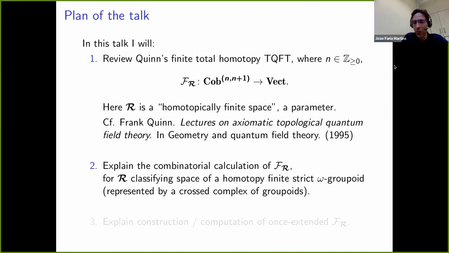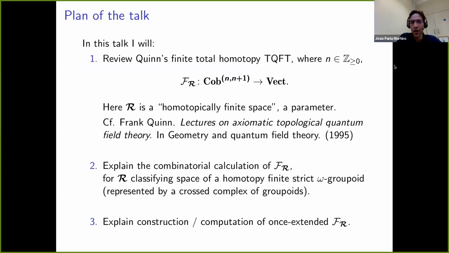So this is represented by a crossed complex of groupoids. This is because the combinatorial construction is really considerably simpler. And this is what I hope I'll have time to tell with some details: explain the construction of the once extended version of this Quinn finite total homotopy TQFT. Right, so let's start.